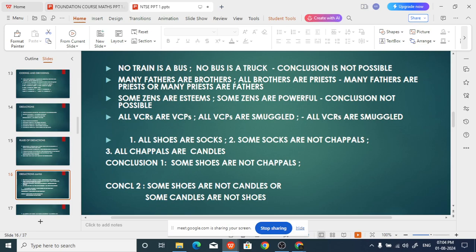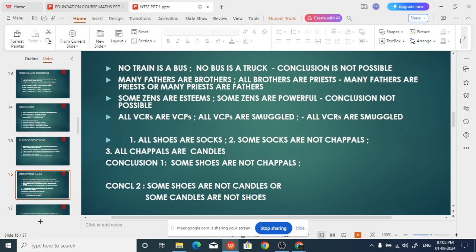Is there a common term in both statements? Brother. So the brother should not come in the answer. One statement is particular, so the answer has to be particular. It has to start with many, it should not contain brother, it should contain father and priest.